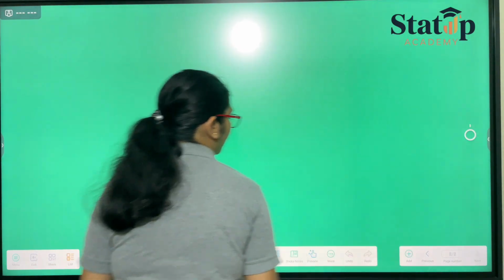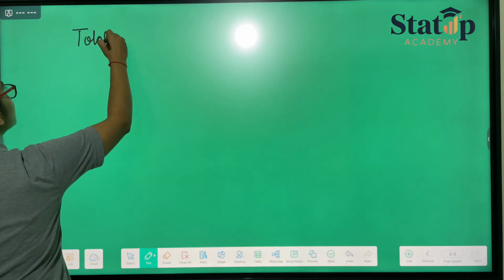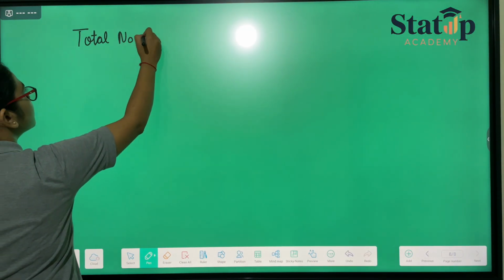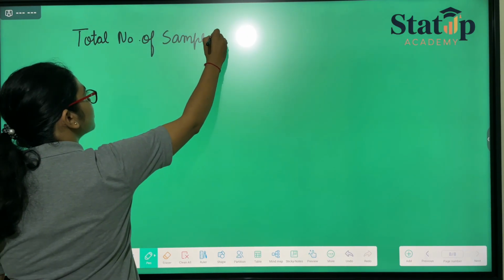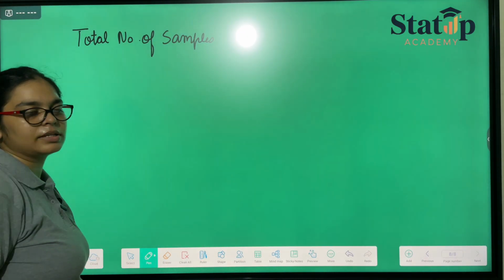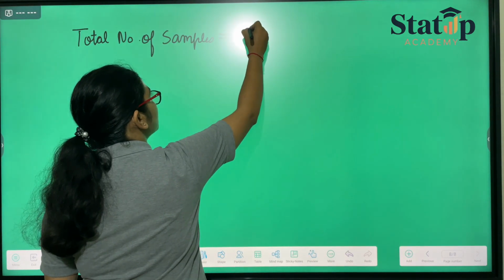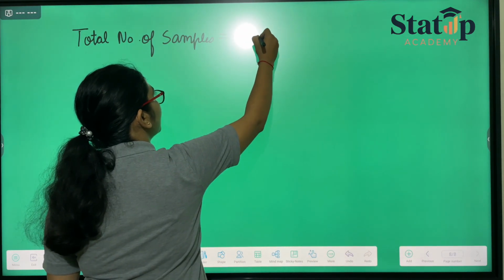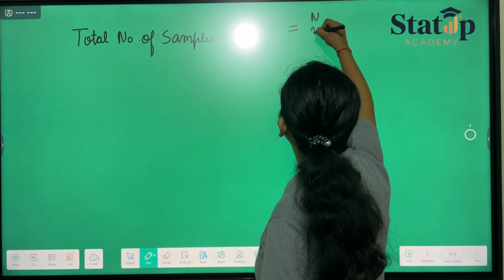Now what is the total number of samples here? Because we are not replacing, we will apply combination. So the total number of samples will be NCn.